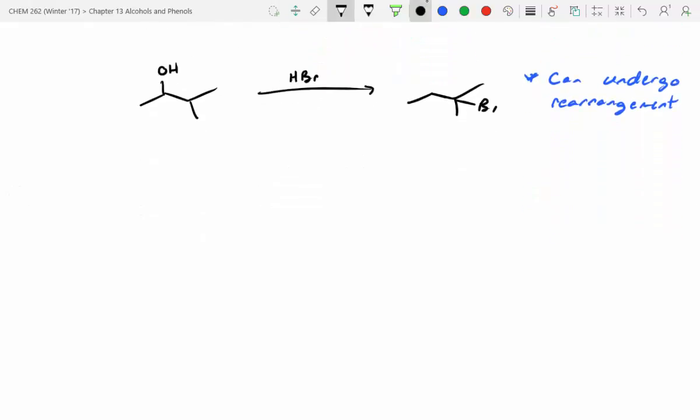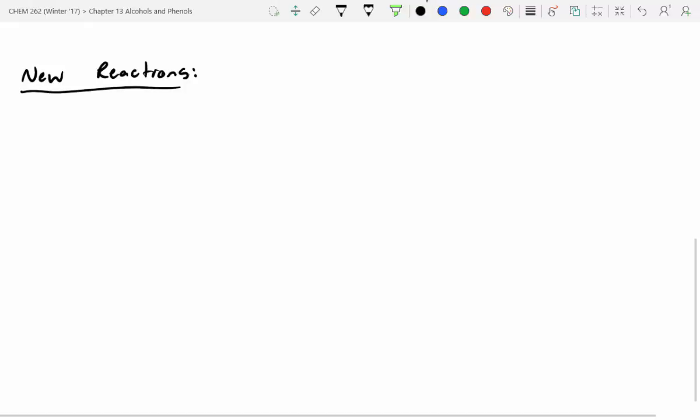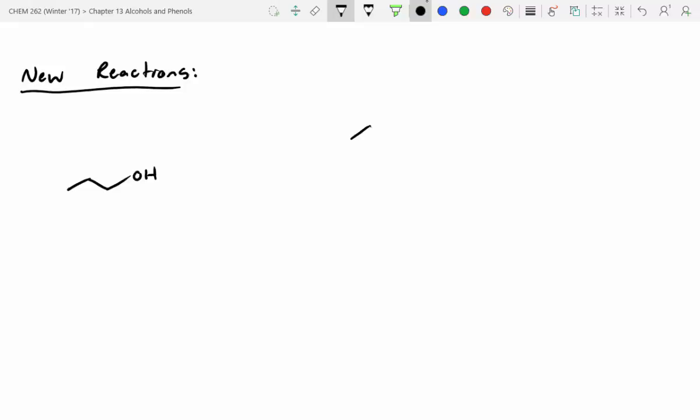So let's do some new reactions. Let's say I've got this alcohol and I want to turn it into an alkyl chloride. I could do the HCl and zinc.